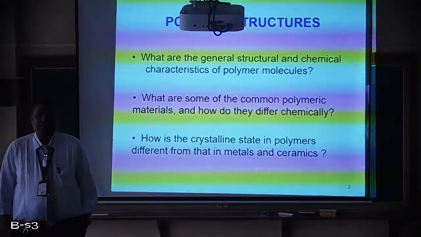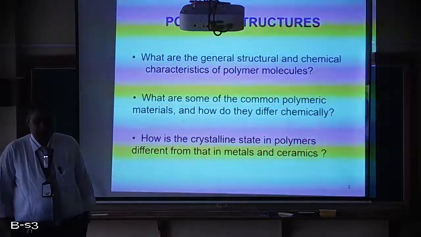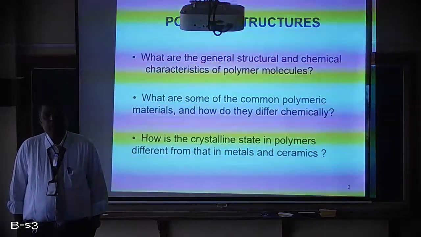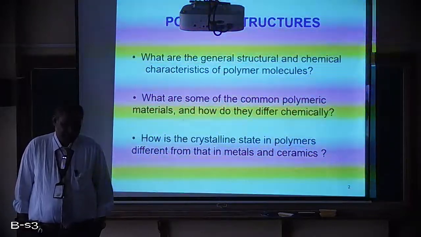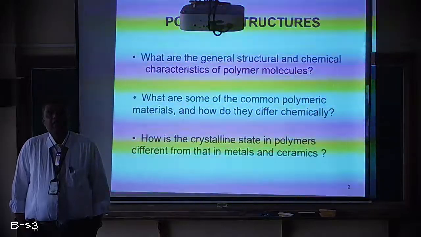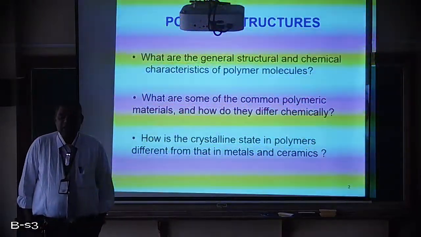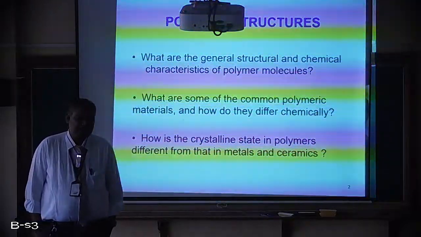This structure is the arrangement of atoms in the case of metals or solids, and in the case of polymers it is the arrangement of molecules, which are macro in size. Hence these are also called macromolecules. The arrangement of these polymers is called the macromolecular structure.